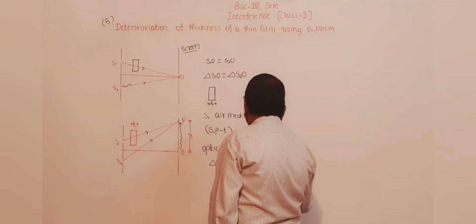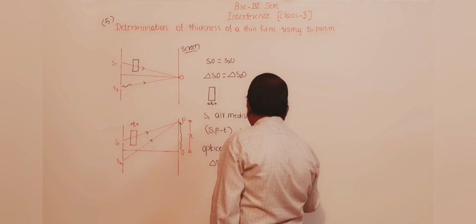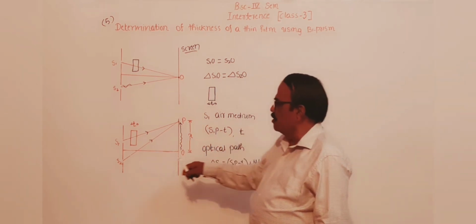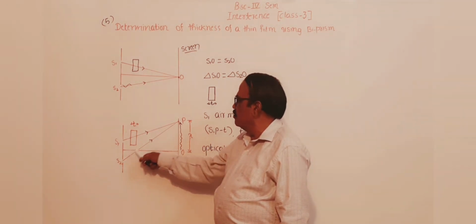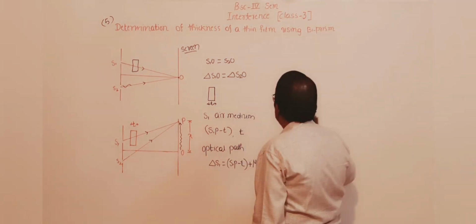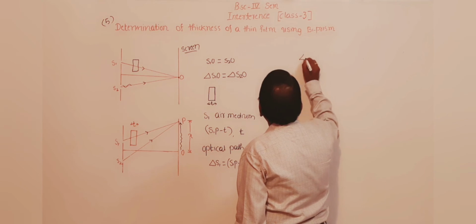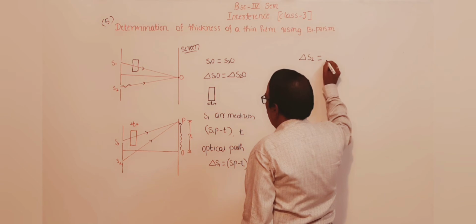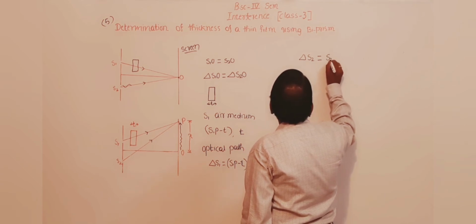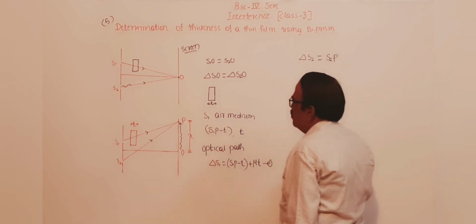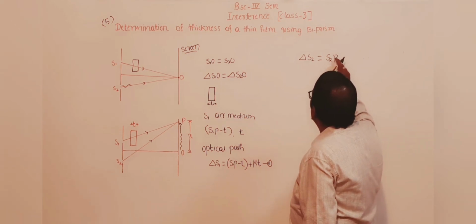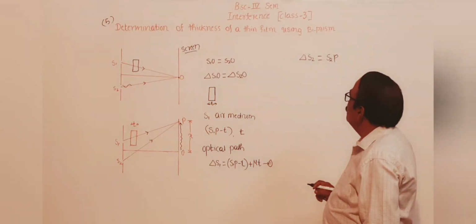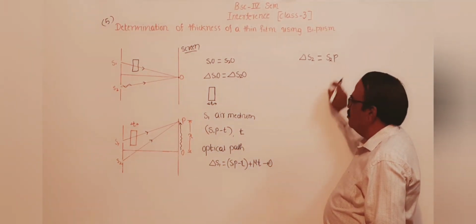Call this equation 1. And from S2 to P, the optical path delta S2 is equal to S2P, because it is in the air medium, no glass medium is there.